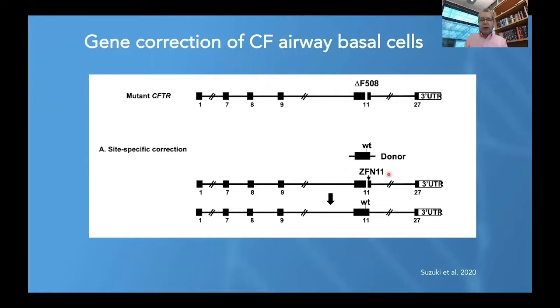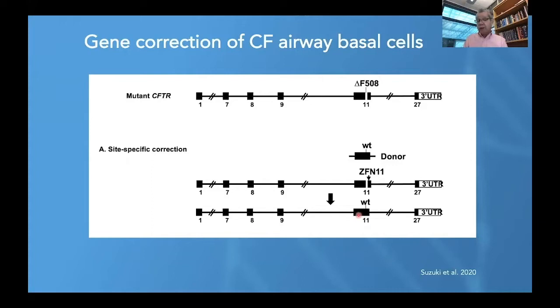It can also be done by CRISPR-Cas9. We've done that as well. And then introduce a double-stranded DNA break, and then the introduction of wild-type donor sequences in various forms that can then recombine to give rise to the corrected sequences.